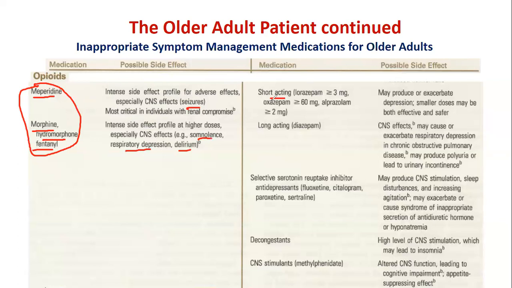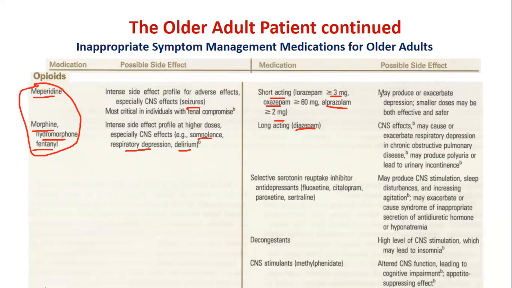Short-acting, another medication: short-acting drugs, lorazepam, oxazepam, and alprazolam. They are short-acting, less than 2 hours, lorazepam less than 3 hours, and long-acting is diazepam. This is long-acting, this is short-acting.